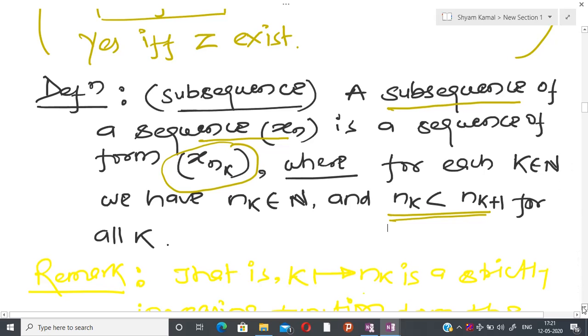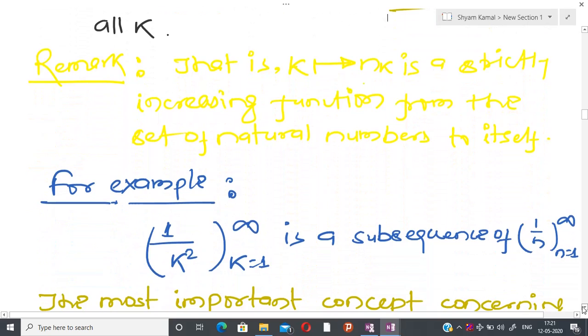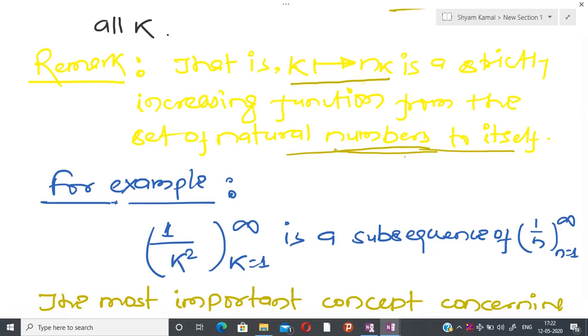So in order to appreciate the concept of the subsequence, we are assuming that for each k there exists certain kind of nk, and that is a strictly increasing function from the set of natural numbers to itself, because in order to define sequence and subsequence, natural number is required. But in order to talk about the subsequence, I again need the natural number, and that maps to another natural number, and after that that maps to the real number.